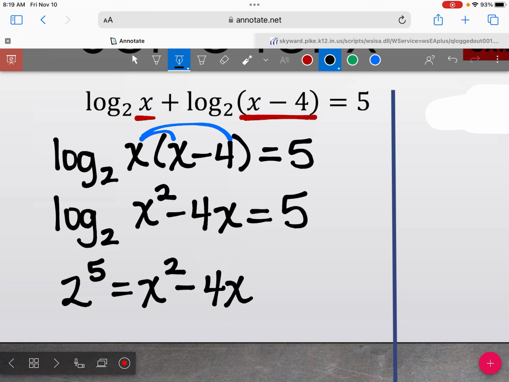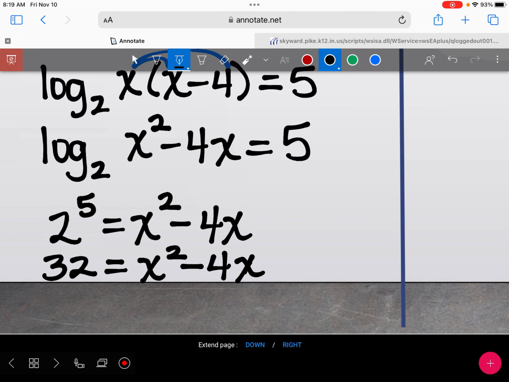Two to the power of 5 is 32. So this is a quadratic, so we've got to set it equal to 0. So 0 equals x squared minus 4x minus 32.